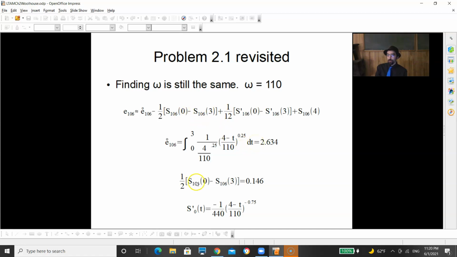Plugging in for the survival functions, for the second term we get 0.146, and then for this third term, that's going to involve the derivative of the survival function. So here we go, I just differentiate it, this is what you get.